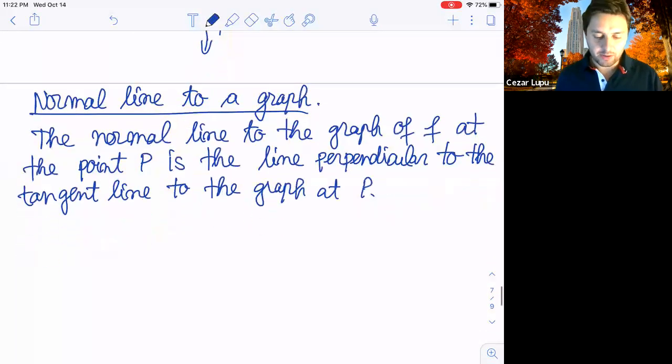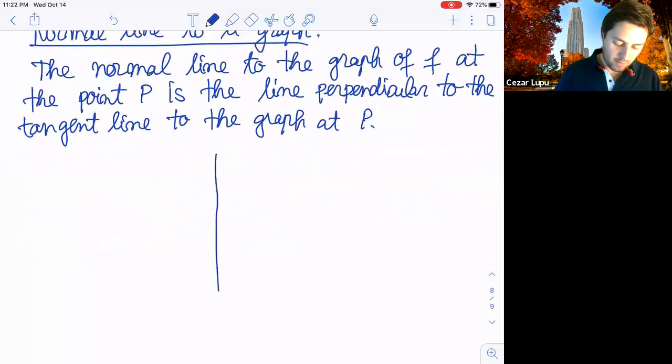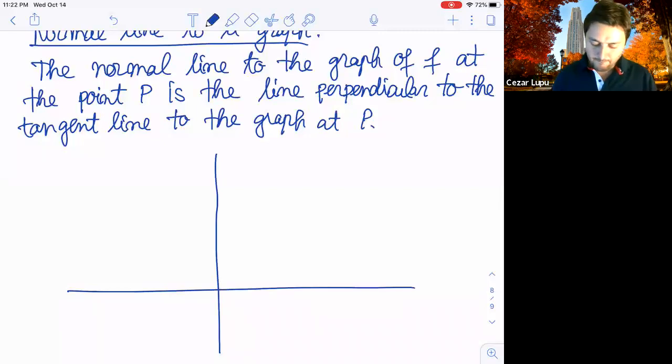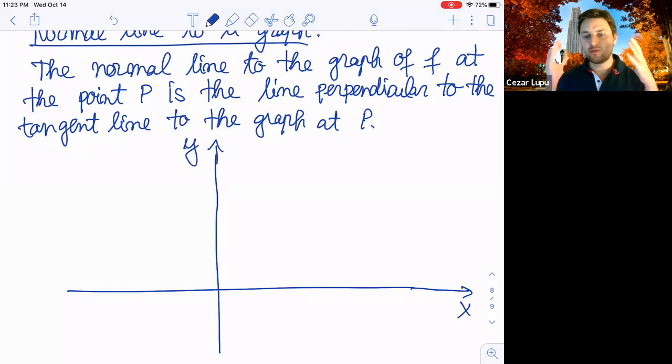And now let's just draw a picture so that it's even clearer. So these are the axes. As you can see, I draw a lot of pictures because I want things to be even clearer. I want you to visualize things, not just to write everything formally without you visualizing what's going on, because you need to have this geometric intuition about the derivative first of all.